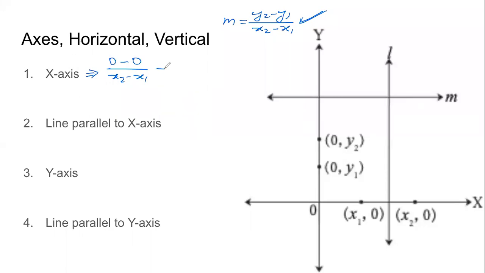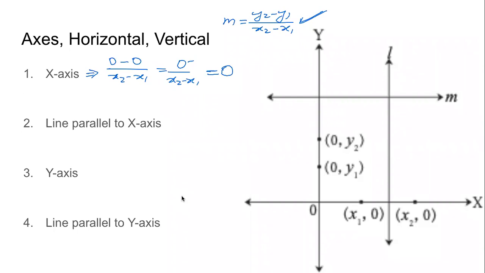Now we know 0 minus 0 is 0 by something. Now we have to use something that we studied in basic division. 0 divided by anything is 0. That means the slope of x-axis is 0.